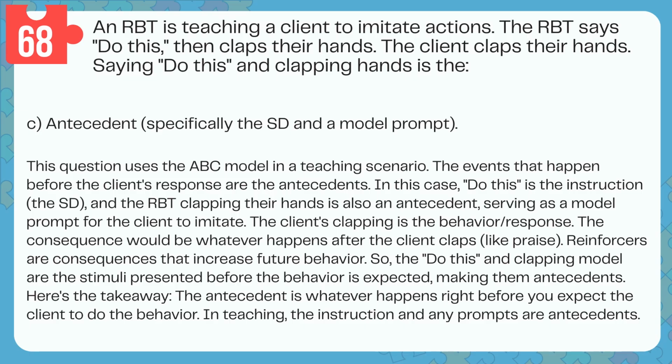Reinforcers are consequences that increase future behavior. So, the "do this" and clapping model are the stimuli presented before the behavior is expected, making them antecedents. Here's the takeaway. The antecedent is whatever happens right before you expect the client to do the behavior. In teaching, the instruction and any prompts are antecedents.